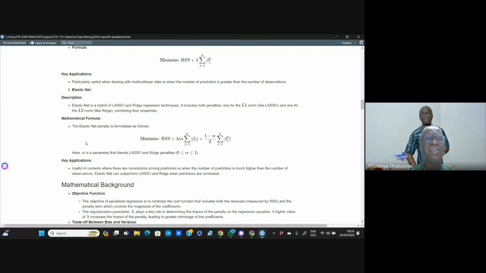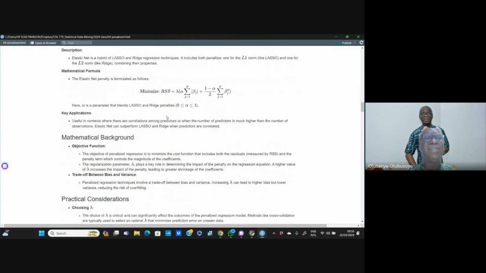So the 2 properties are combined in the elastic net. This elastic net is useful where there are correlations among the predictors, where you have multicollinearity. Amit was responding on something related to this during our seminar yesterday. So where you have correlation among your predictors, you can conveniently use this technique.